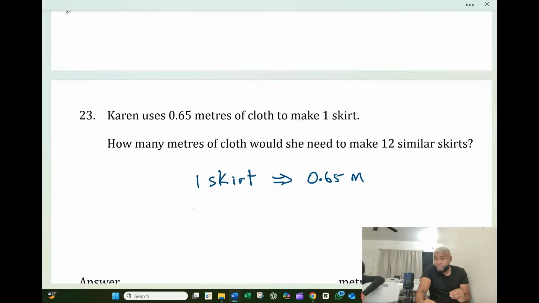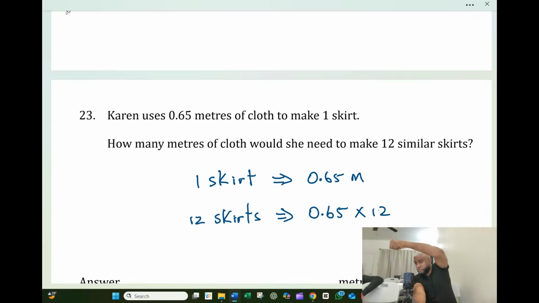If I want to know how much cloth is required for 12 of the same skirts, this will be 0.65 multiplied by 12. Everybody good there?